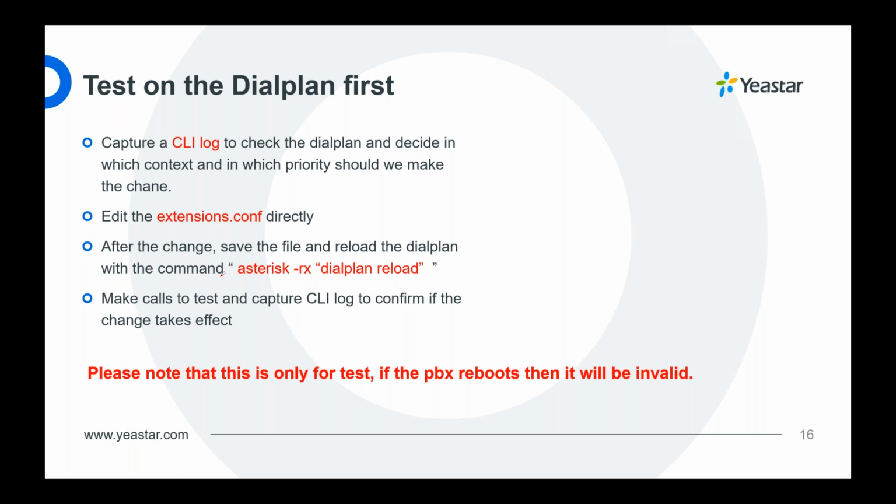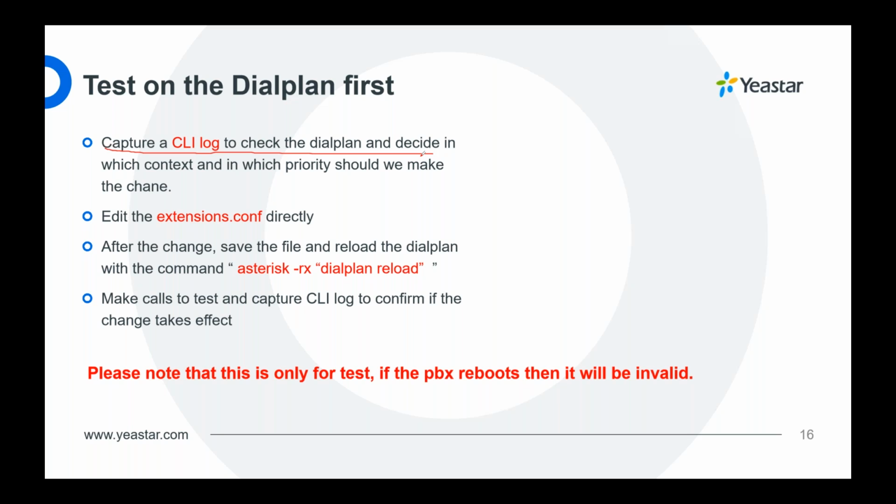If we want to achieve new features, the first step is to capture a CLI log. Just like I did at the beginning of this training, I use SSH and go to the Asterisk CLI, make a call, and I get the path of the context.